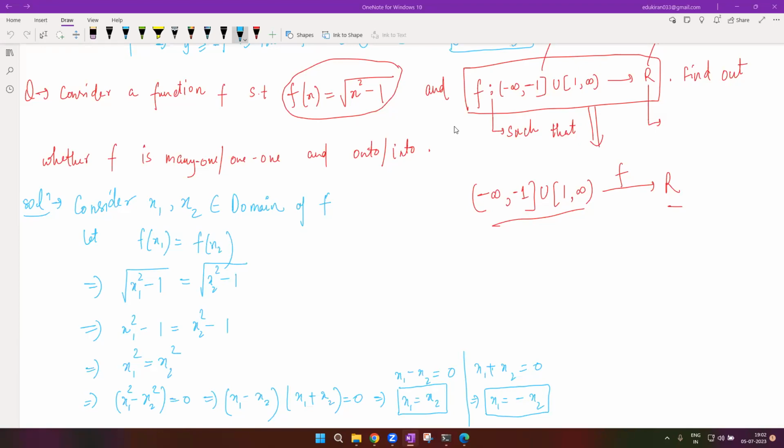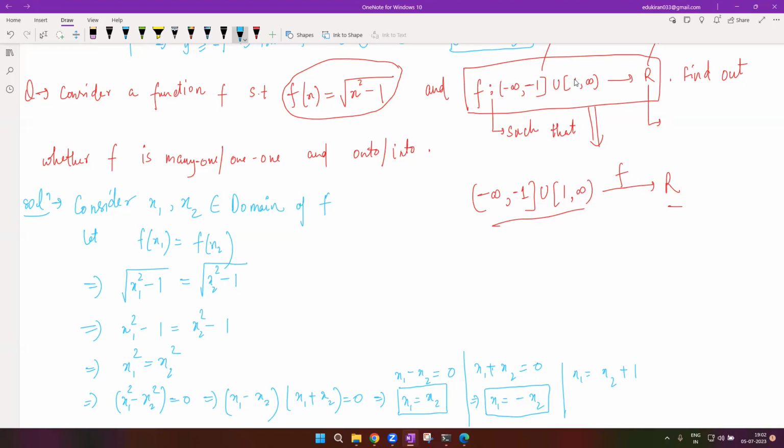So that is how we check. We may have more solutions also. Let's say one solution could have been x1 is equal to x2 plus 1. I would check whether the given solution exists or not. For example, if this had been a solution, how would I check? I will take values.